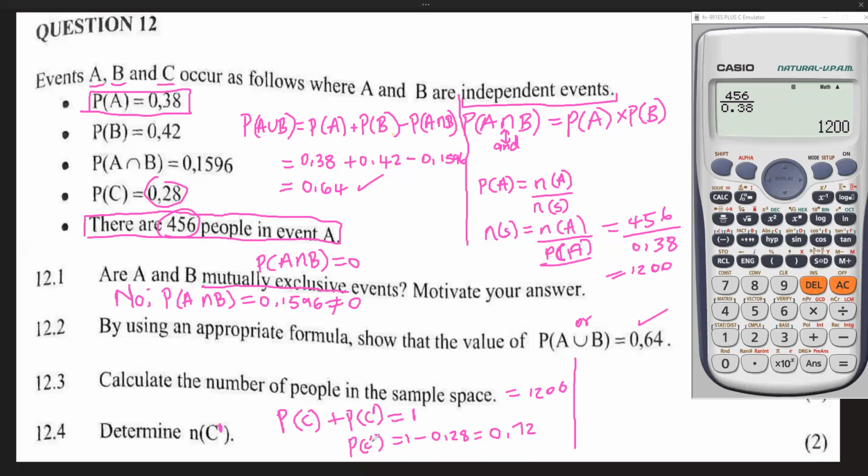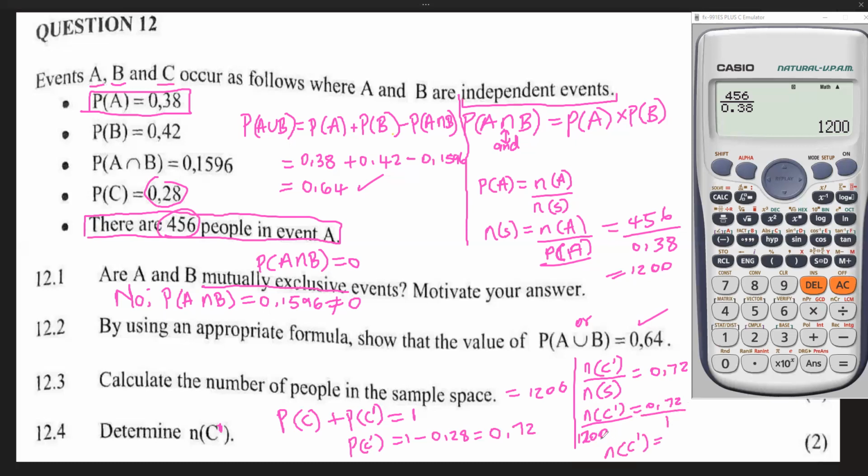And then from there, I know that P(not C) can be written as n(not C) divided by n(S), the sample space. So the number of not C divided by the total gives me the probability of not C, which is 0.72, right? Perfect. But now I know that the number in the sample space is 1,200, right? So I can have this now: 0.72 equals n(not C) over 1,200. Obviously, I'm going to cross multiply here.